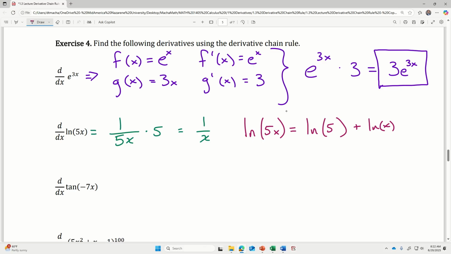And so now, taking the derivative of natural log 5x should be the same thing as taking the derivative of natural log 5 plus natural log of x. This derivative is 1 over x. And this is just a constant, right? There's no x's here. This is just a number. And the derivative of a constant is always 0. And so I've got 0 plus 1 over x, and that's the way it had to be.